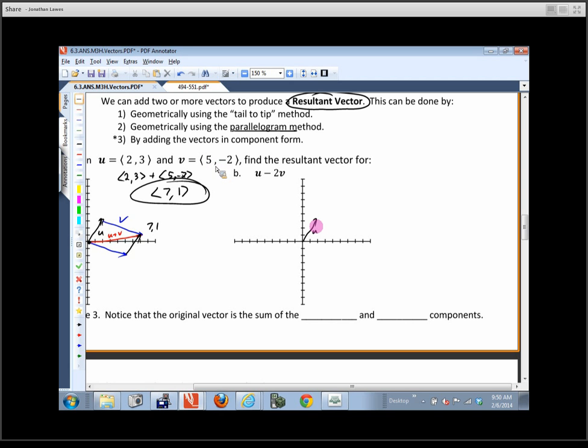So I would go back 5 and up 2. There's a minus v. And I would go back 5 and up 2. There's another minus v. And where would the resultant be? Start here and end right there. The hard part about doing this geometrically is you've got to count really well. Your graph's got to be really good. Okay?